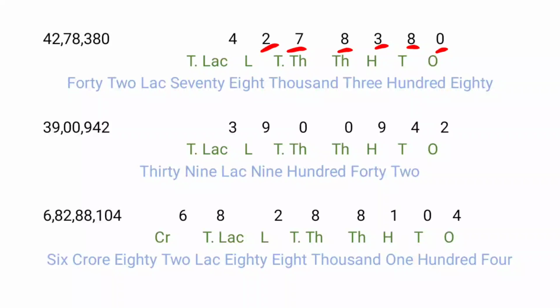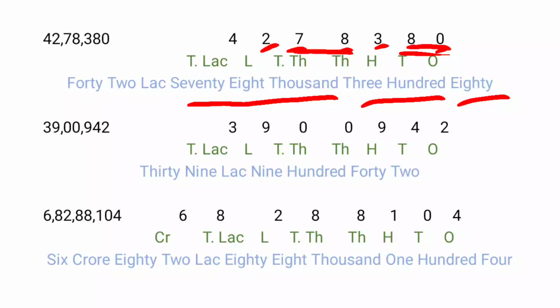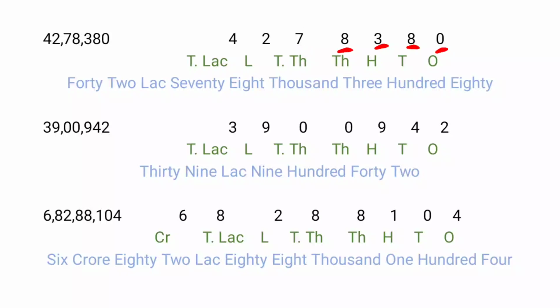Next, 7 and 8 on thousands place combined, so 78 and its place 1000. 3 on hundreds place, 300, and 80 in combined form we will write as 80. So the total number will be 42,78,380.